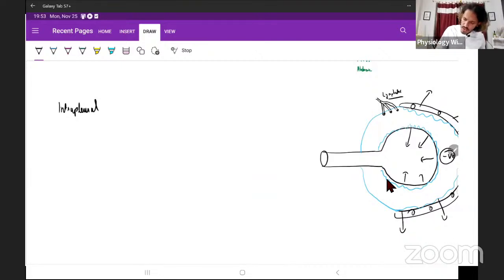So we are going to draw one diagram. This diagram is there in your textbooks, which you have to learn. So your intrapleural pressure starts off from around minus 2.6 millimeter mercury.